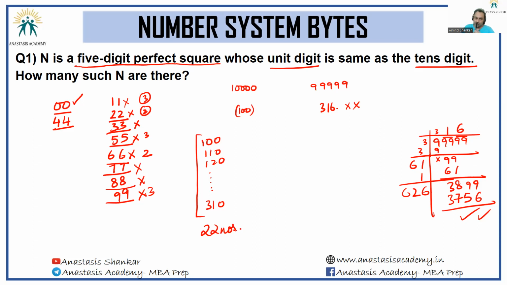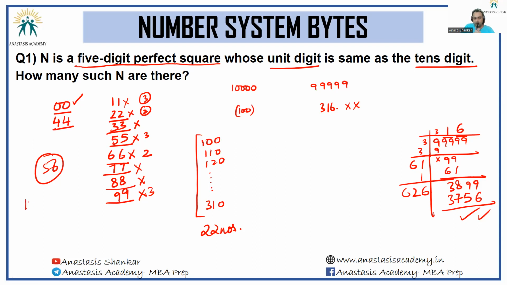Now, the other insight that I want to share, for which this question was created, is this. If I want the last 2 digits of my perfect square to be 5, 6, do we know of a perfect square whose last 2 digits are 5, 6?